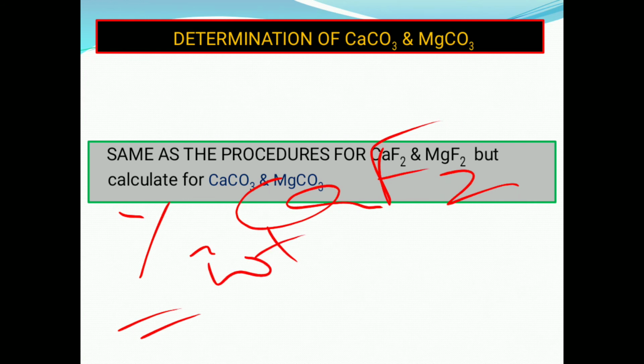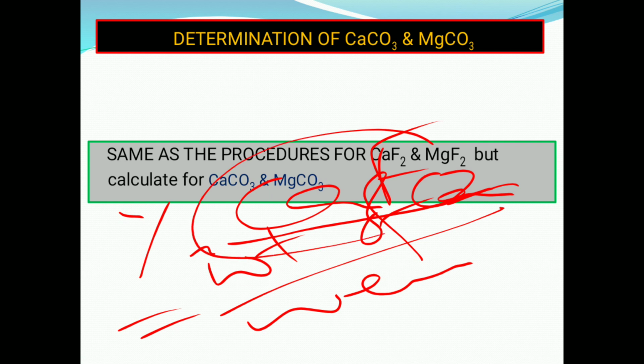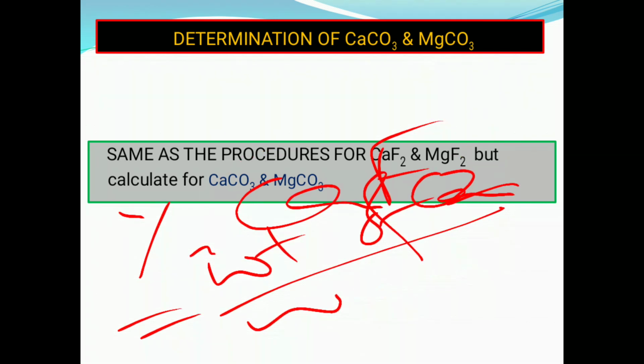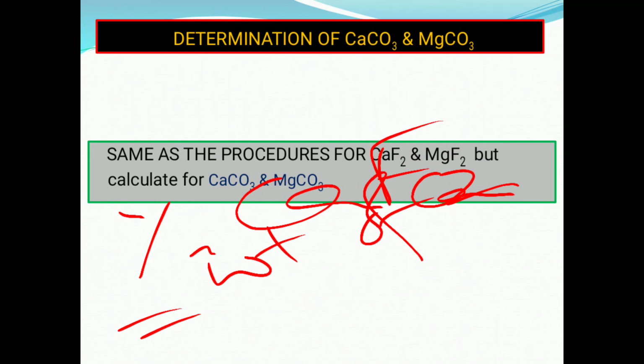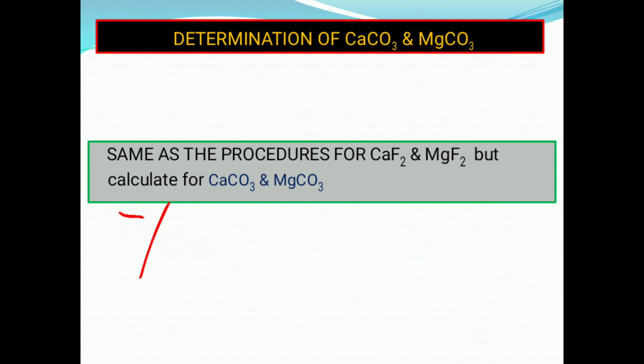So weight of CaO by weight of sample into molecular weight of CaF2 by molecular weight of CaO, if it is calculation of CaF2. If it is for calculation of CaCO3, then molecular weight of CaCO3 by CaO. Is it clear? Same way magnesium fluoride and magnesium carbonate also. So calculation is different.